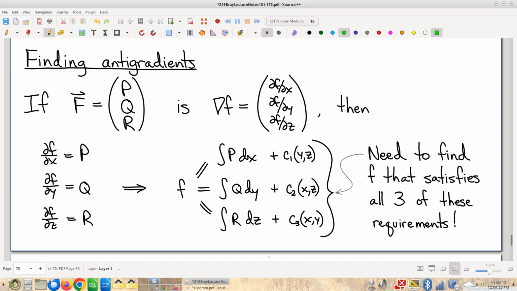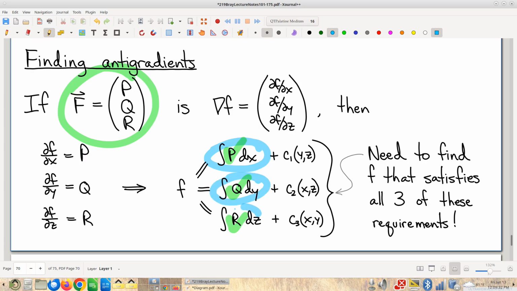And so what we have here is a kind of a game. What you're going to do with a given vector field is you're going to look at the x anti-partial, y anti-partial, z anti-partial. Don't forget your partial constants.